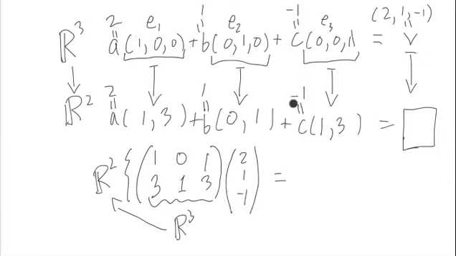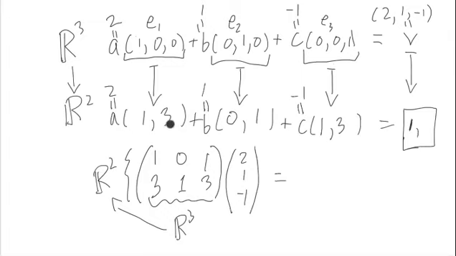We could go ahead and compute this: 2 times 1, 3, and 1 times 0, 1, -1 times 1, 3. We're adding component-wise. So add the first components together: we got a 2, plus a 0, minus a 1. That would end up giving us a 1.